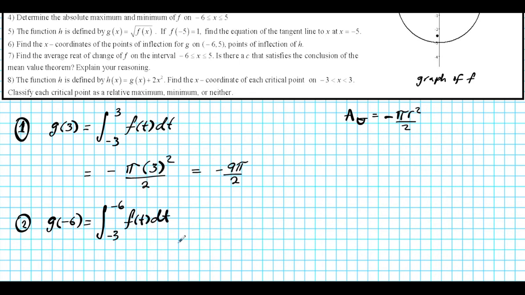Okay? One thing you want to note is that the limits of integration are in decreasing order. Okay? So if we want to evaluate this in the increasing order, we have to reverse the limits of integration. So that's going to give us negative the integral from -6 to -3.